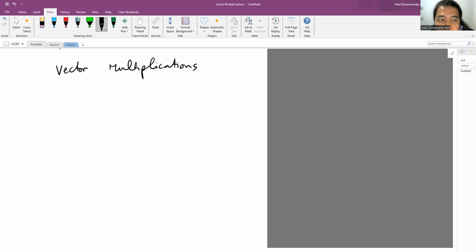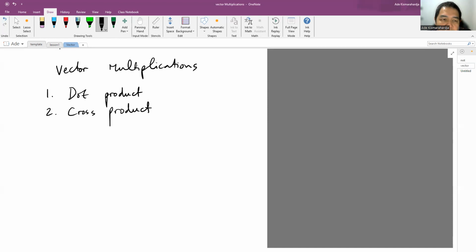But when we have vectors and then you multiply them, now I just want to introduce you, we have now two different kinds of multiplication. The first one is called dot product, and the second one is called cross product.